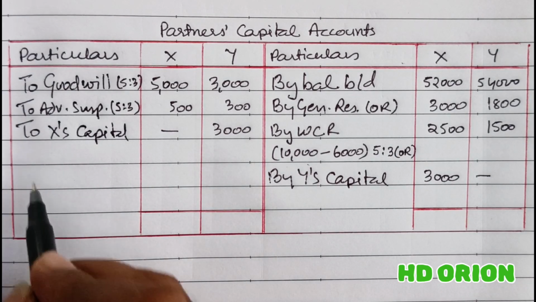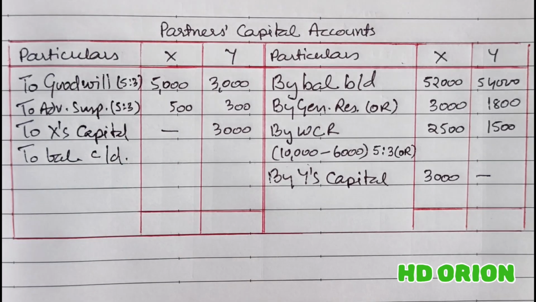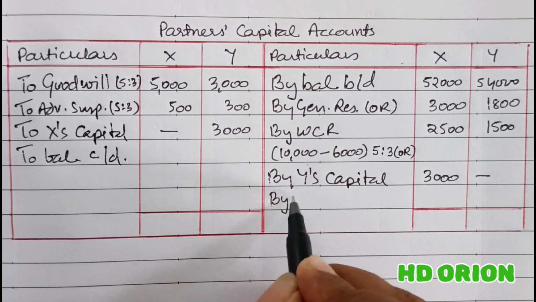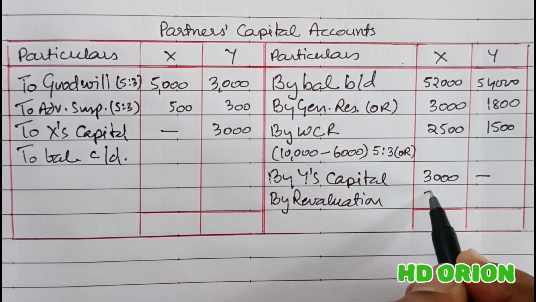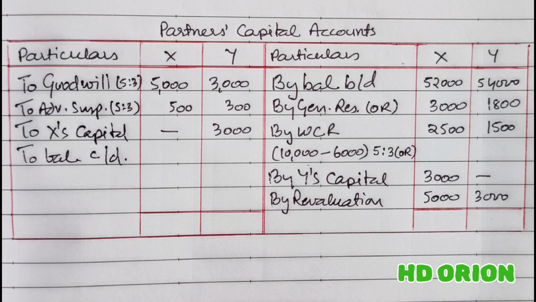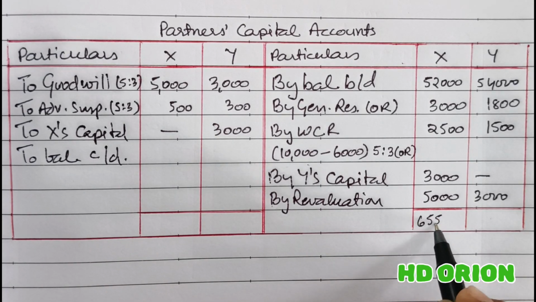Now we will close it to balance close down. One more thing we forgot to write is by revaluation account, 5,000 and 3,000. So here grand total is 65,500.